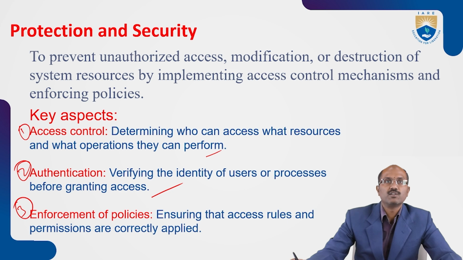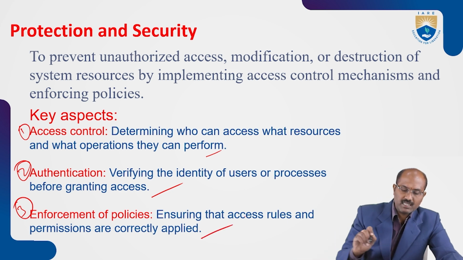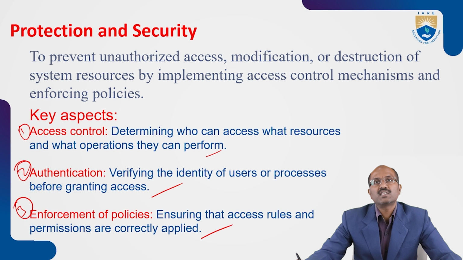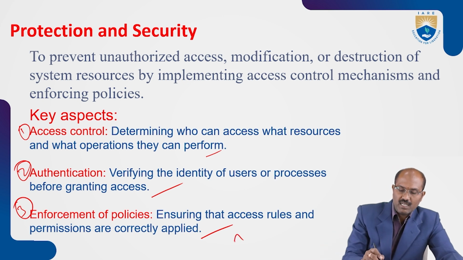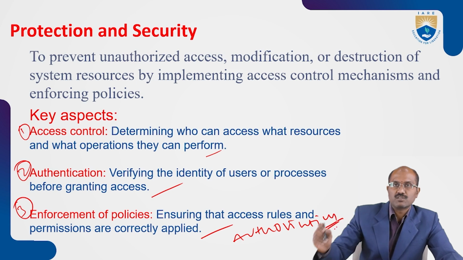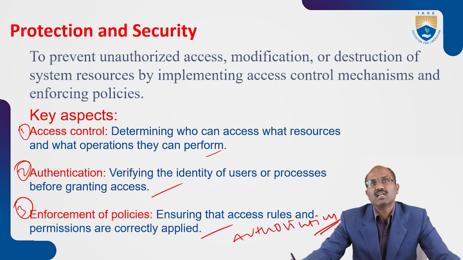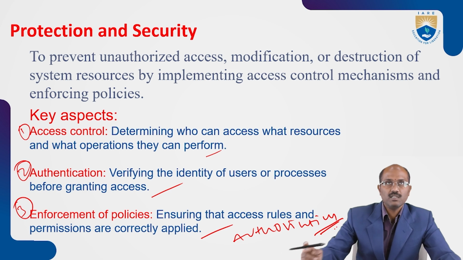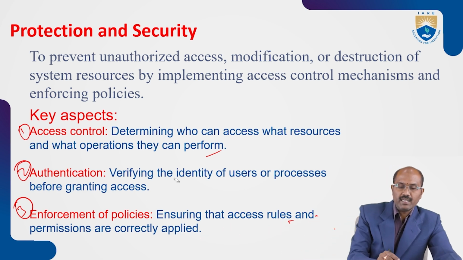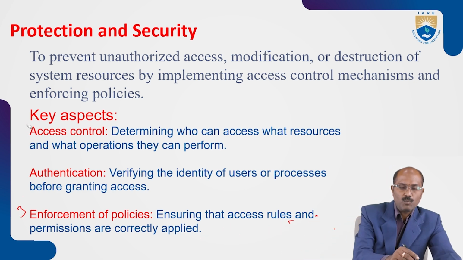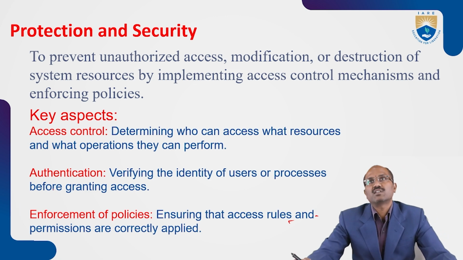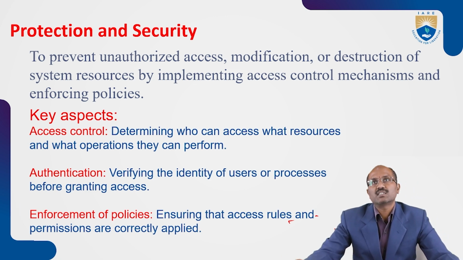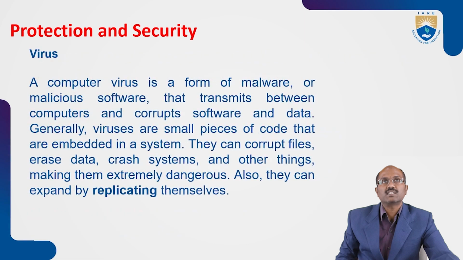This is authentication and authorization: the rules and permissions are given, and only then can they access. So finally, to prevent unauthorized access, modification, or destruction of system resources, we implement three mechanisms: access control, authentication, and enforcement of policies.